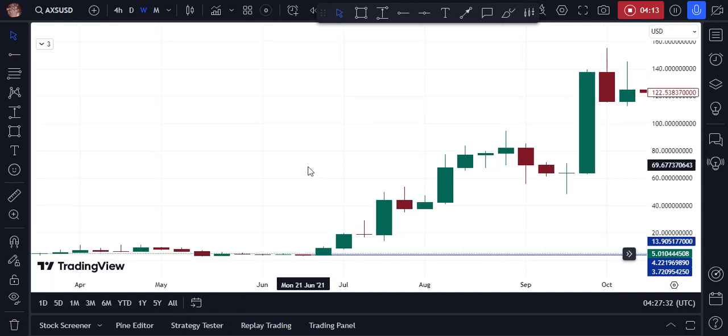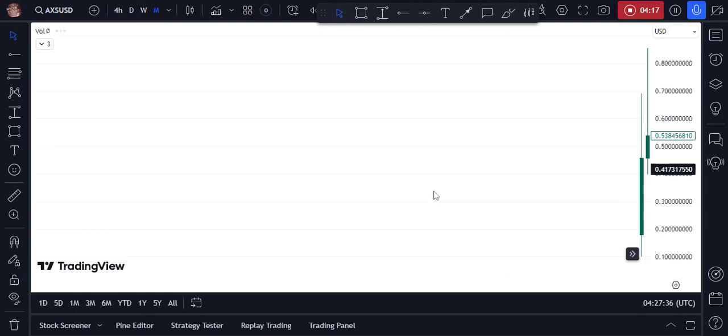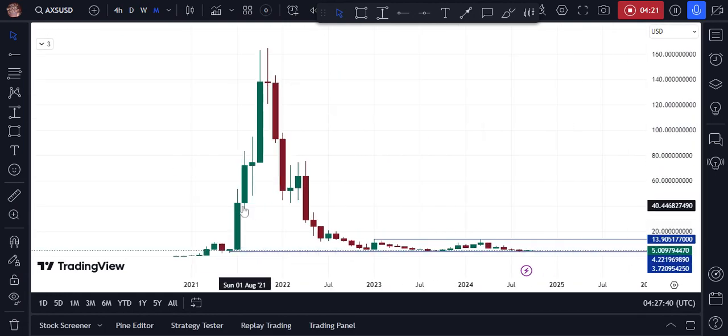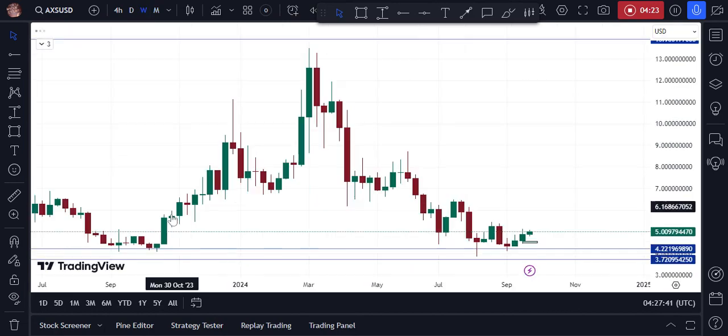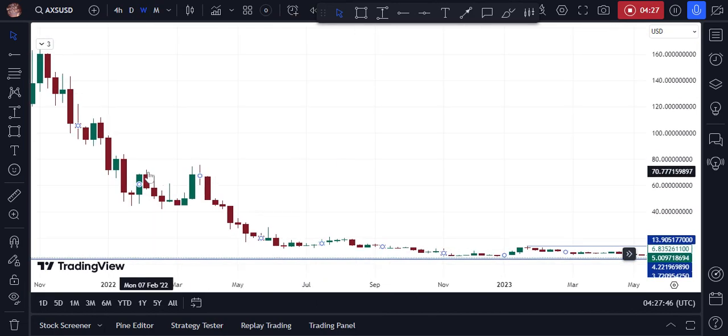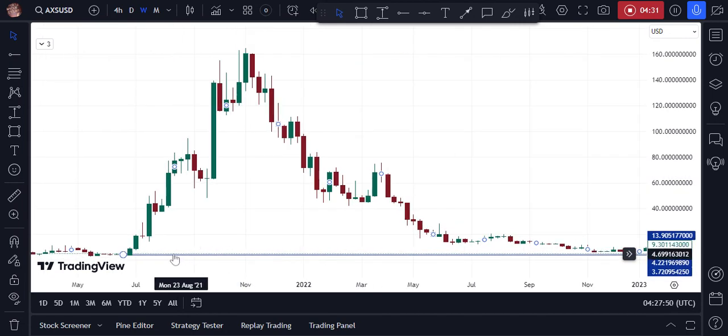Looking at the chart before us, I've been able to mark up my demand zone. I'm mapping it out on a weekly, and this is giving me what I want. This is the engulfing pattern here. This is the red candle.